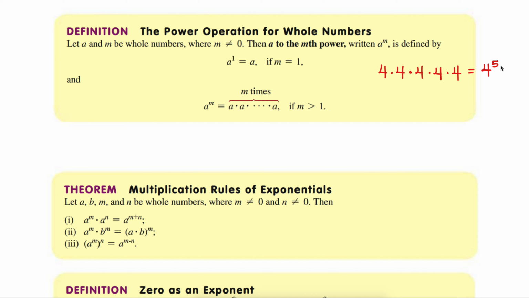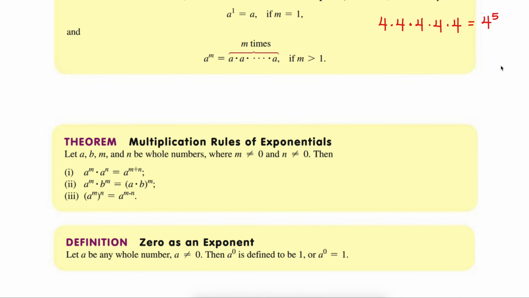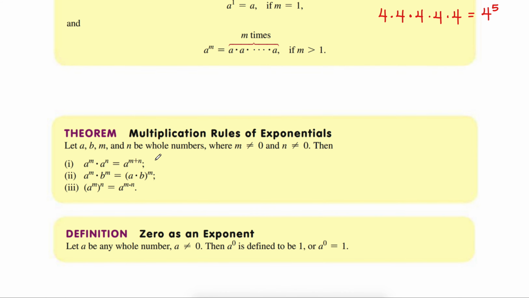We have different rules and properties for exponents, just like we do for addition and subtraction and multiplication and division. We have multiplication rules, and that says that if my base is the same, so the base is what we're repeatedly multiplying, I can add exponents.